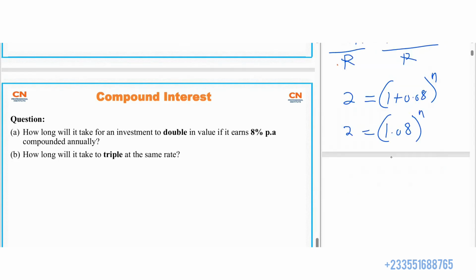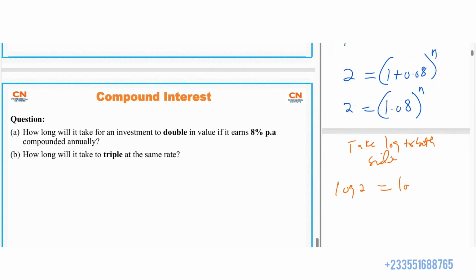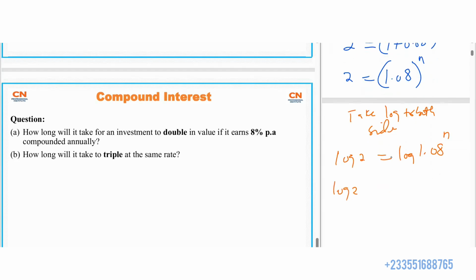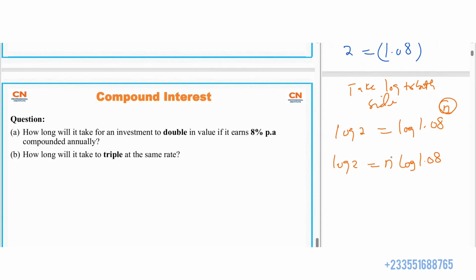All right, then from here, we can take log to both sides in order to easily find our N. So if we take log to both sides, we are going to have log 2 is equal to log 1.08 to the power N. If you look at the rules of log, this power N, you bring it down, so it becomes N log 1.08.